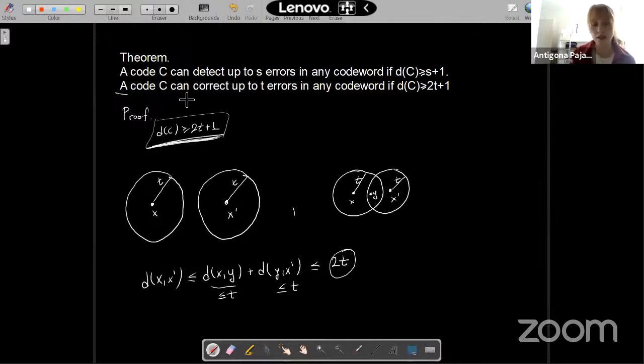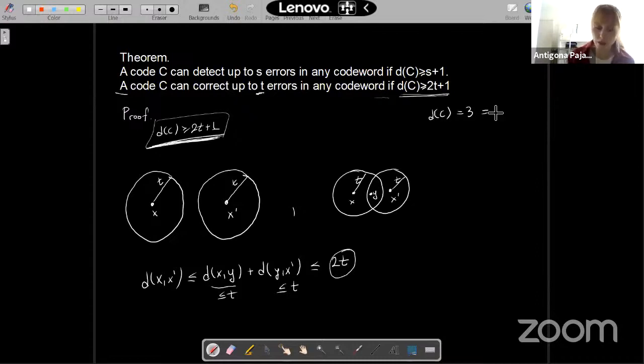So a code C can correct up to t errors in any code word if the minimum distance is greater or equal than 2t plus 1. Why is this important? Because if we have that the minimum distance of a code is, let's say, 3, then we can tell up to how many errors it can detect or correct.